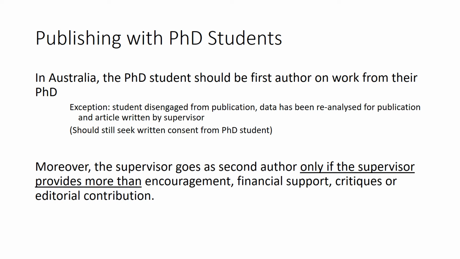So for students who are disengaged from publication, where the data has been reanalyzed for publication and an article written by a supervisor, in those circumstances, the supervisor could be the first named author. Although still you should seek written consent from the PhD student for that.